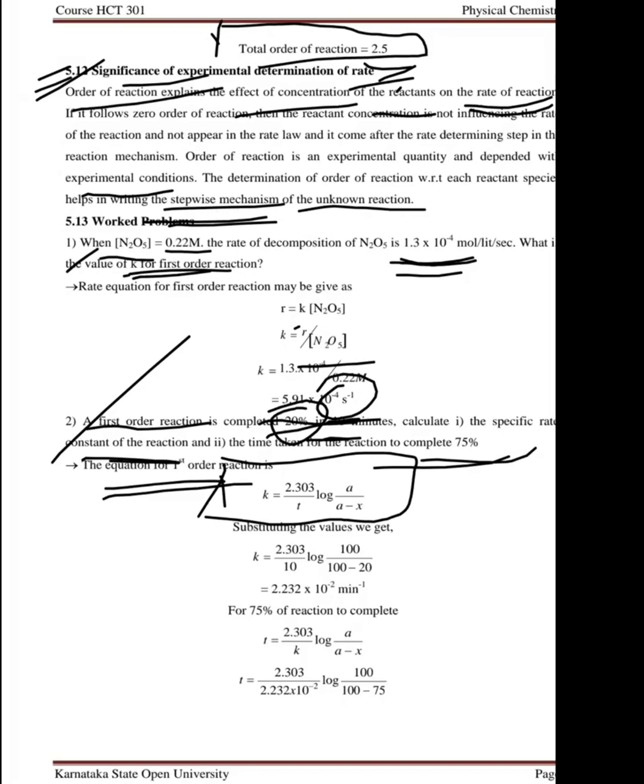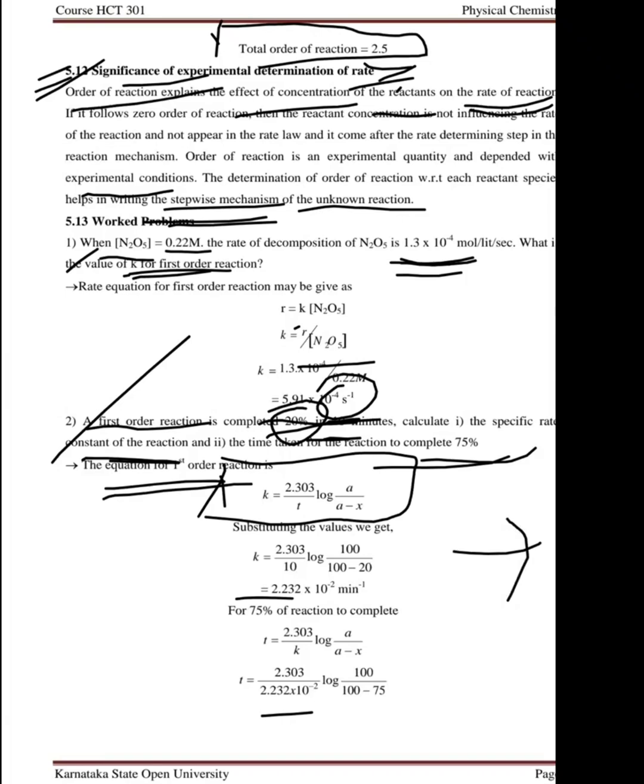2.303. So k, the rate constant, we have got 2.232 × 10^-2, log of 100. 100 is the percentage of completion of the total reaction. So 100 divided by the reaction should be completed up to 75%.